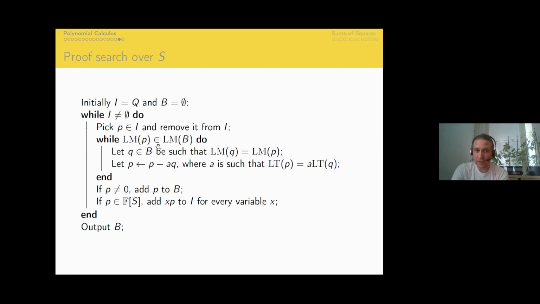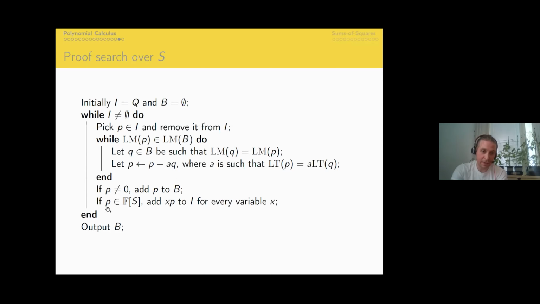If the leading monomial is one of the leading monomials of B, then you take one element Q of B and reduce this polynomial with this Q and obtain a new P, for which you again look at the leading monomial, until the leading monomial of P is not already in B. And if P is non-zero, then you add it to B.